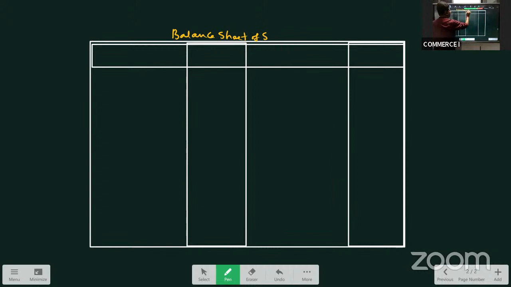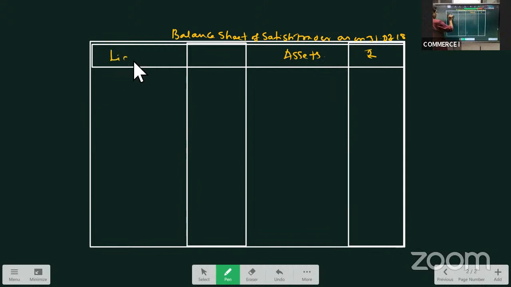Balance sheet of Satish Traders as on 31st March 2018. This is the asset side.